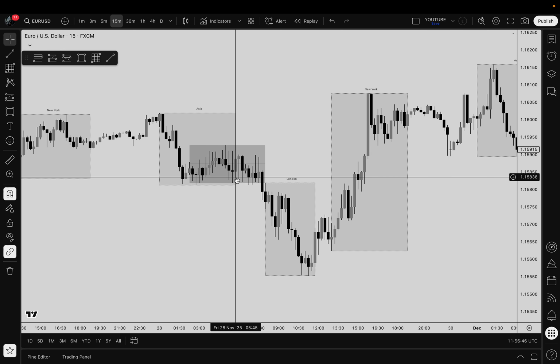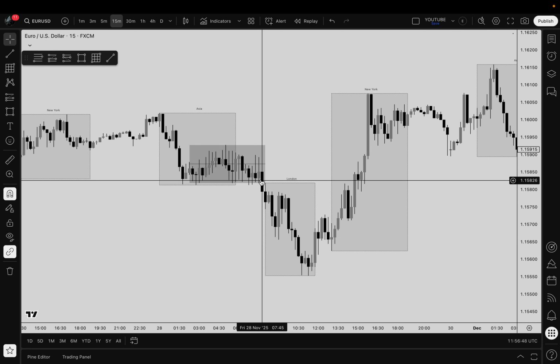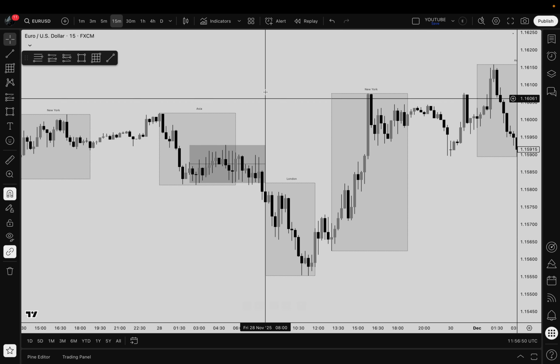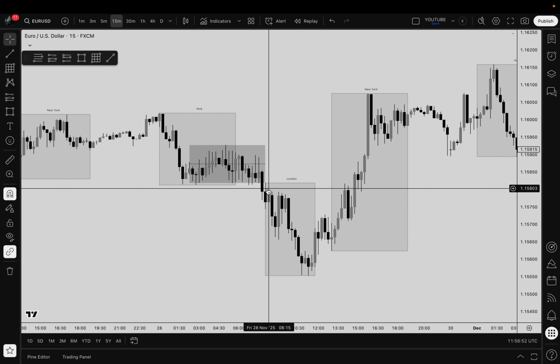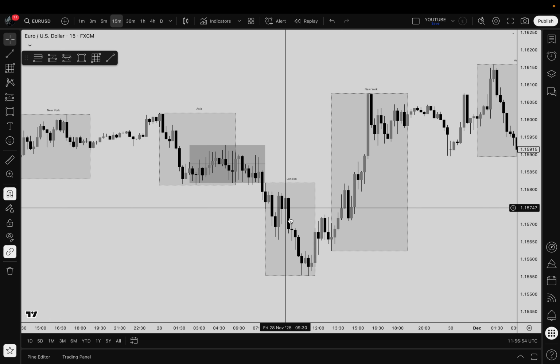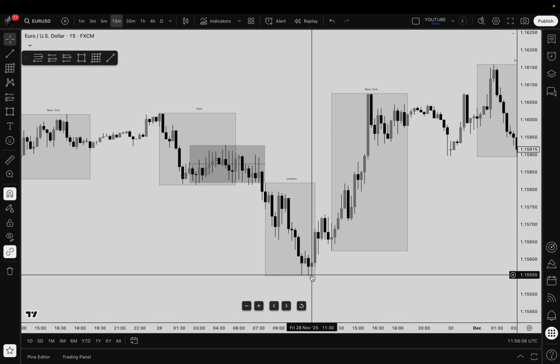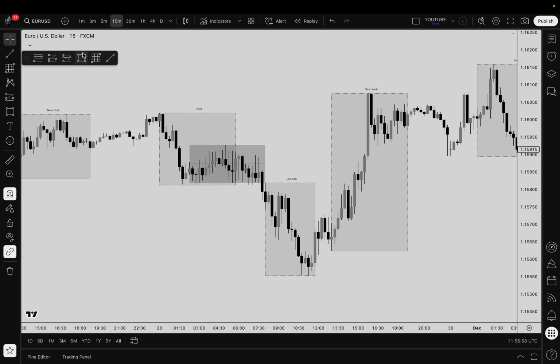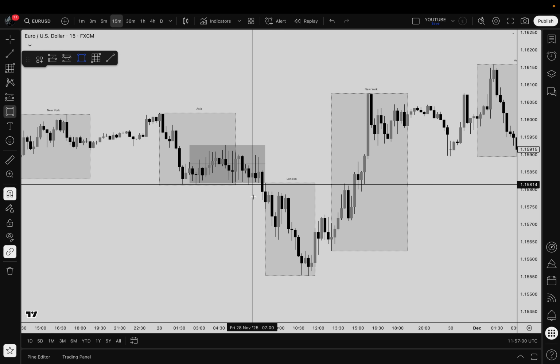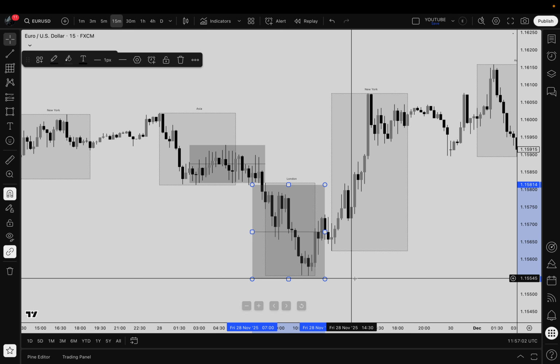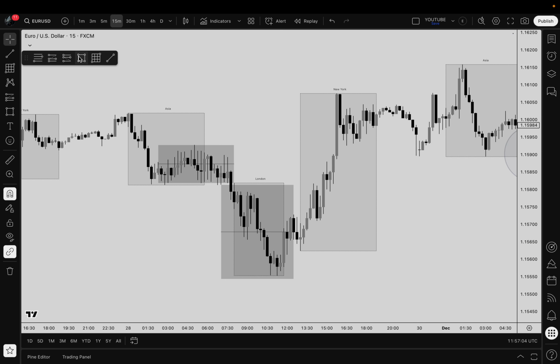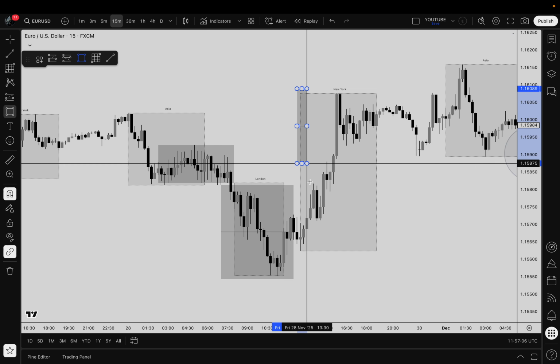After accumulation, price is usually going to go in one way or the other in the market. In this case, London has been the manipulator. It's come down, and then finally we've manipulated there in London, and then in New York we've had the distribution.